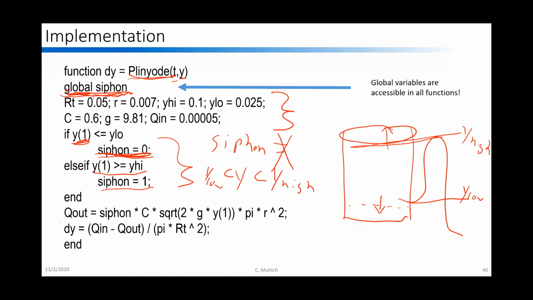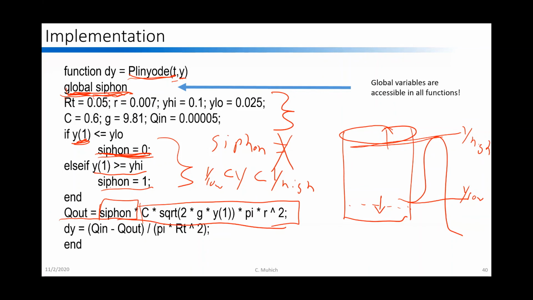Now I can implement my Q out formula. Instead of wrapping it all together, I'm going to have a separate Q out that I'm going to interact with. I have that same Q out formula from the siphon function, and then I multiply it by the siphon variable. So if the siphon's off, siphon is 0, it's 0 times that function, so it's not going to be siphoning.